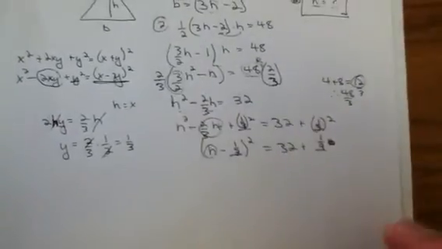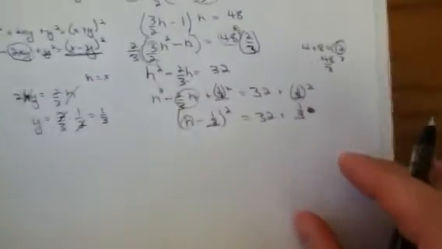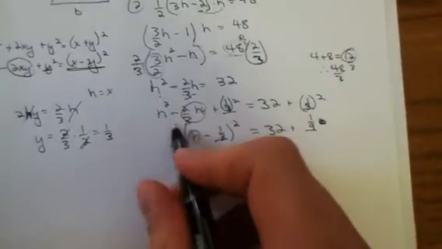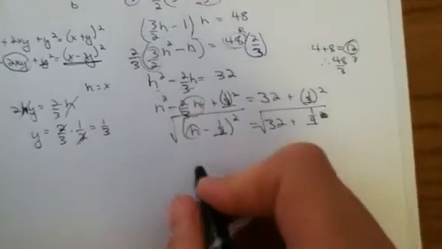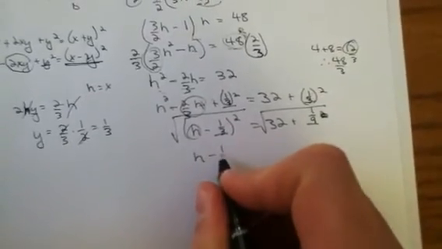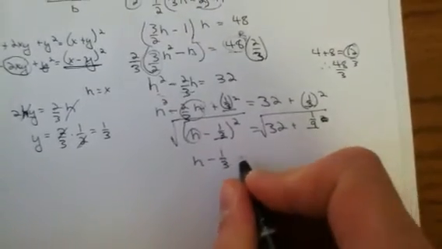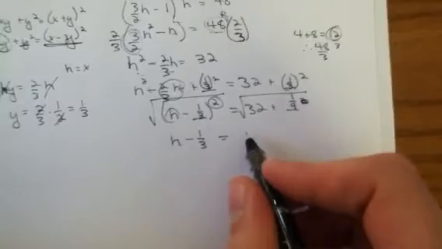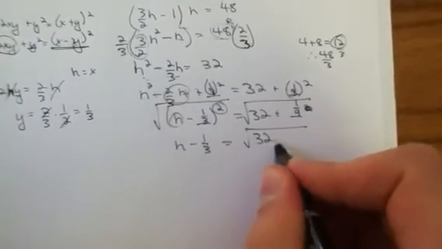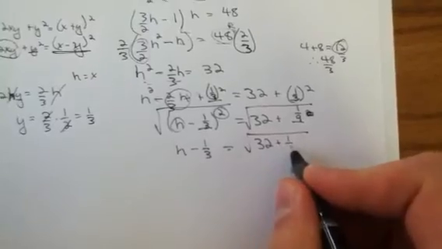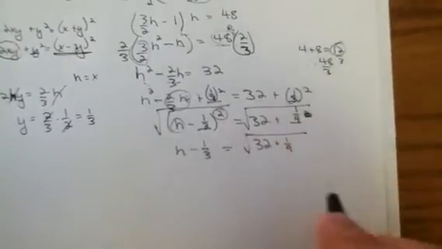At this stage, solving the rest of the problem is relatively easy. I need to just take the square root of this side and the square root of that side to give us h minus 1/3 over here, because that's what square roots do. They get rid of the square, and so we no longer have that thing. And then I've got this funky number, 32 plus 1/9, whole thing, take the square root of that.